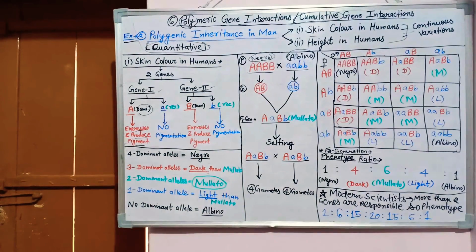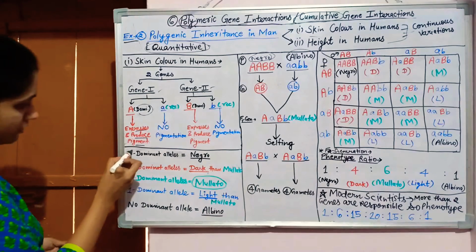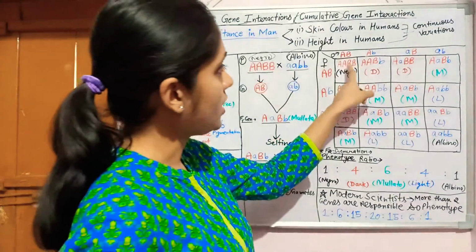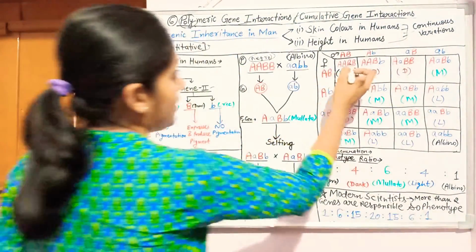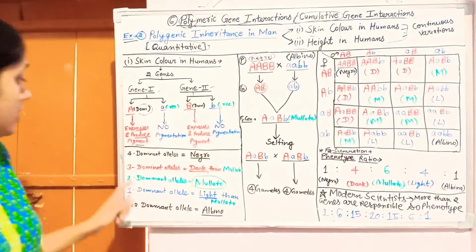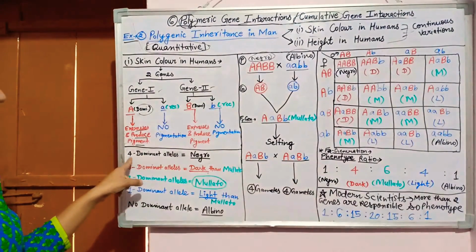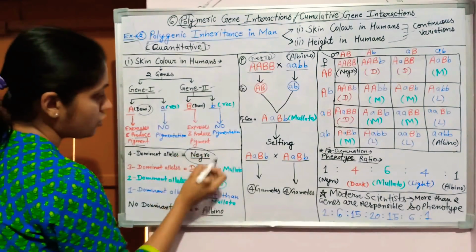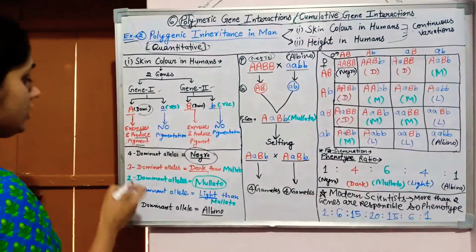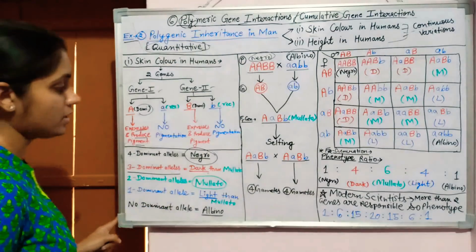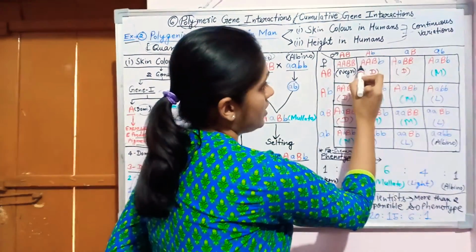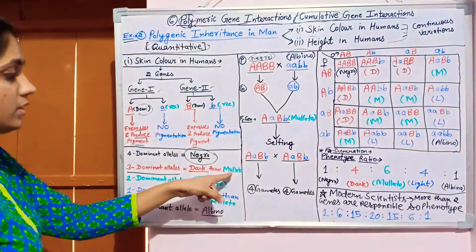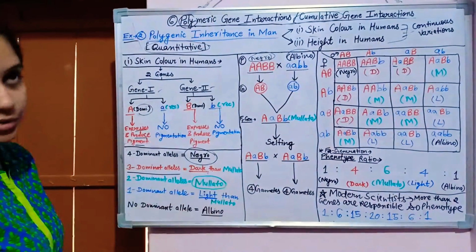Okay, so then here, in any genotype, you can see that 4 alleles are present. When 4 dominant alleles are present, then the color of the human is negro, and if 3 dominant alleles are present, here you can see 3 and here also 3, so the color is darker than mulatto.